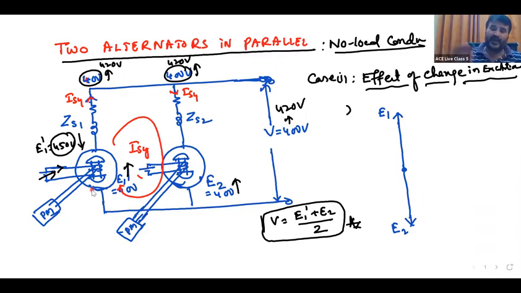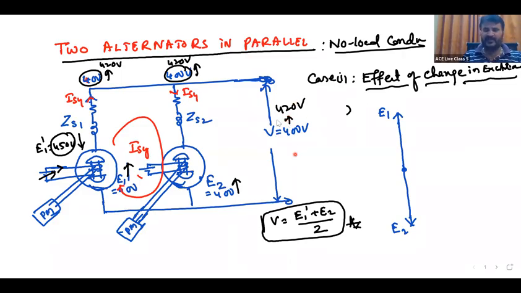And during parallel operation, an overexcited synchronous machine will always be demagnetized, and an underexcited machine will always be magnetized. And if the excitation of any one machine is increased, the set terminal voltage will increase, and vice versa, it also decreases.